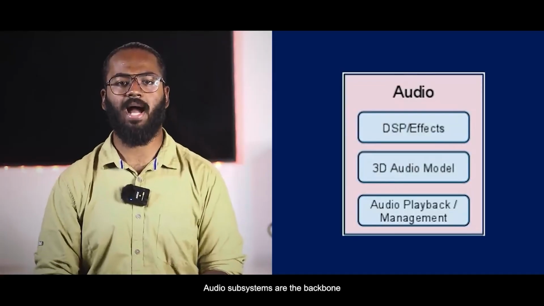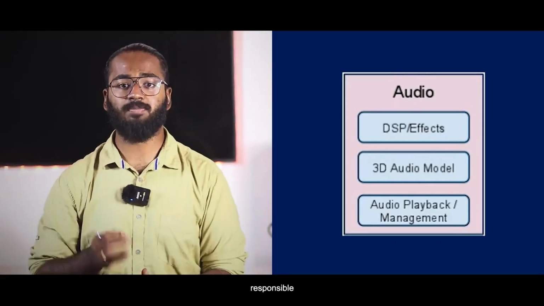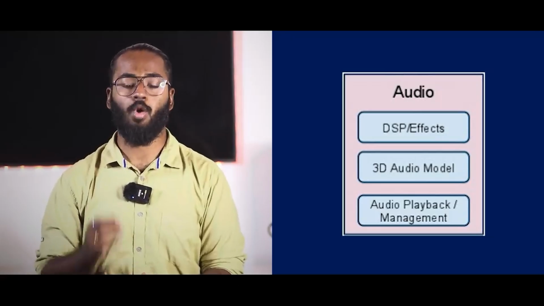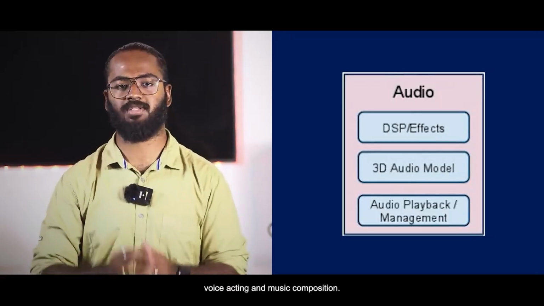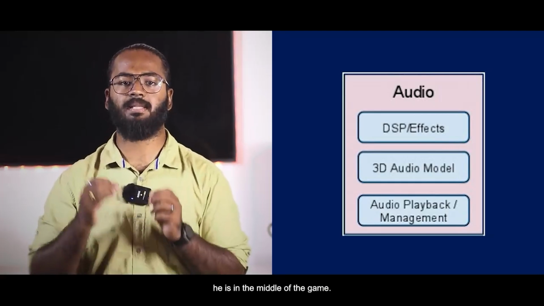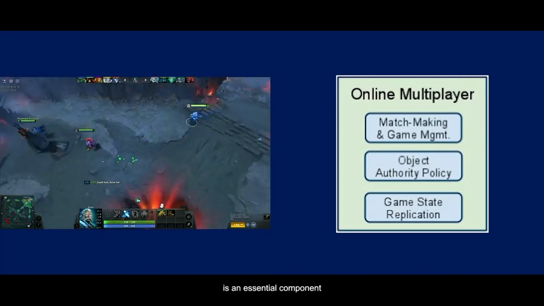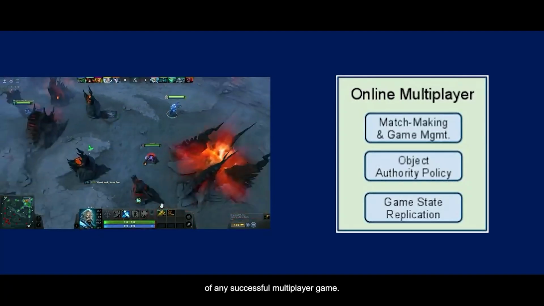Audio subsystems are the backbone of any immersive gaming experience, responsible for every sound effect, voice acting, and music composition. With this subsystem, the player feels that he is in the middle of the game. The networking subsystem is an essential component of any successful multiplayer game.